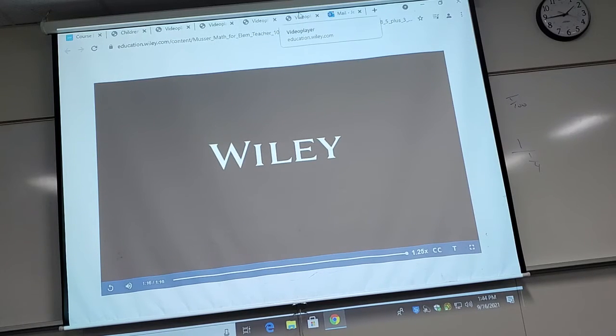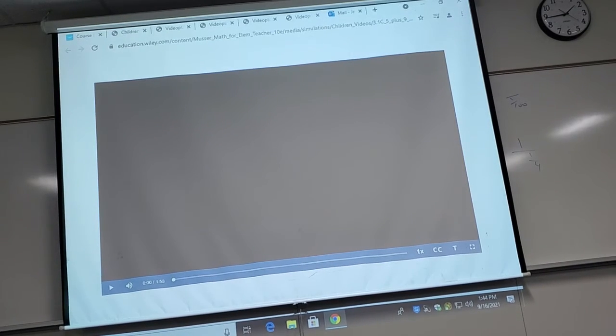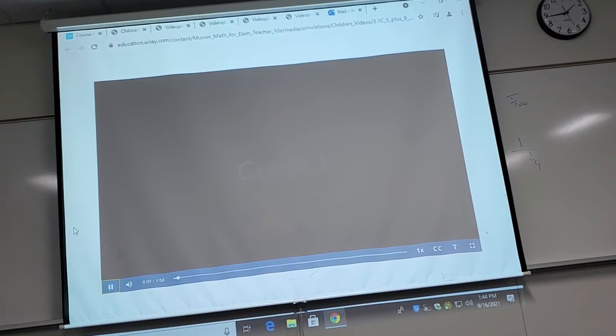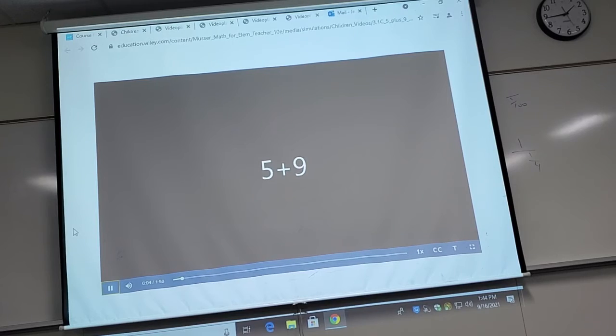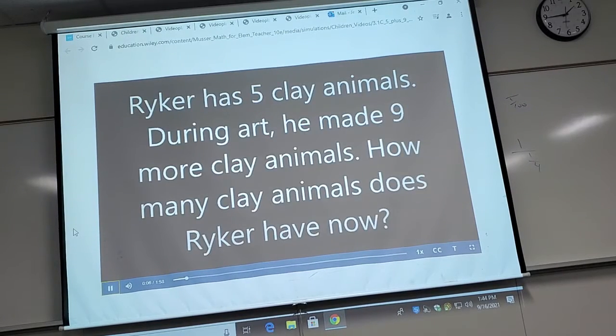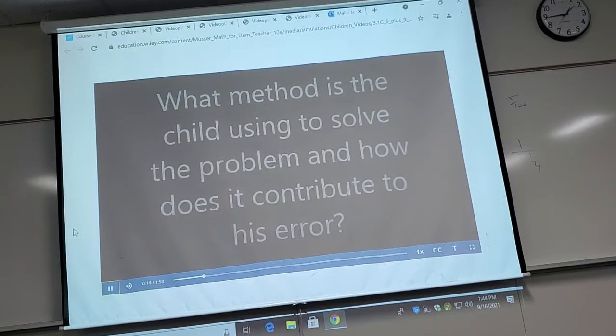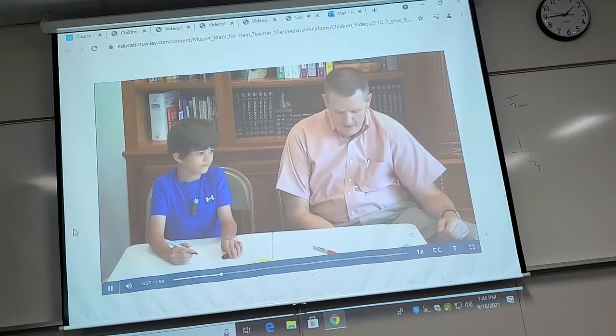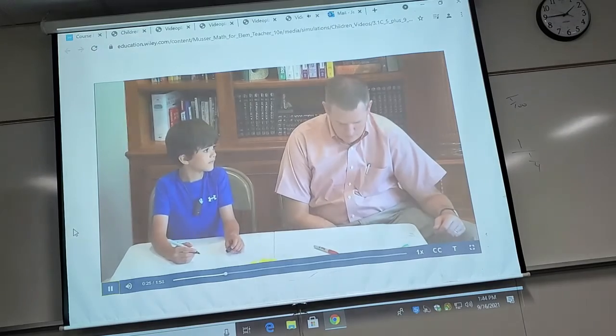All right, this one is interesting. Ryder has 5 clay animals.